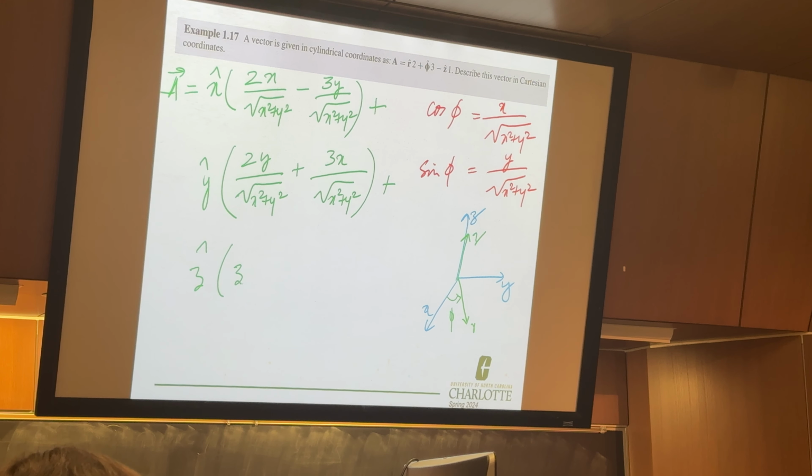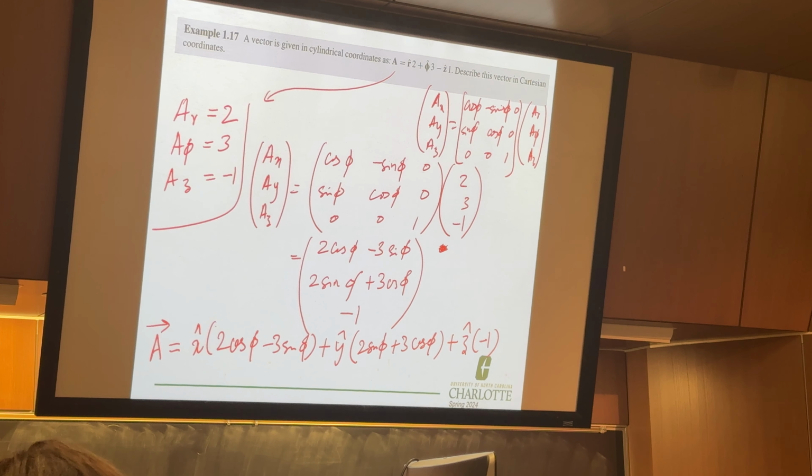All right. Any questions? So we didn't reinvent anything. We derived these transformation matrices during the course of our lecture discussions. You go back to the PDF.